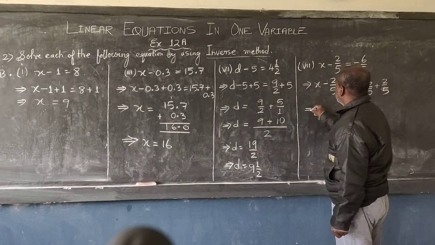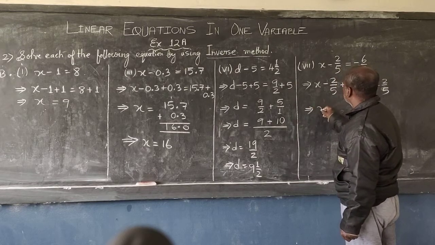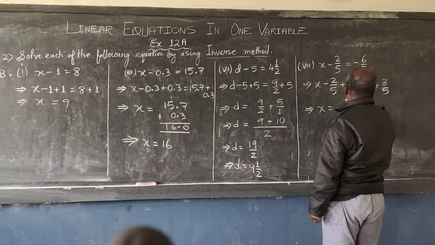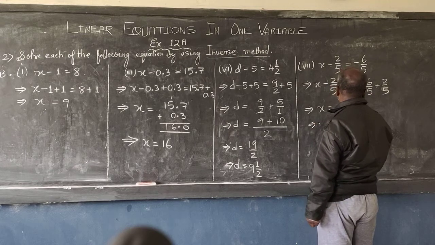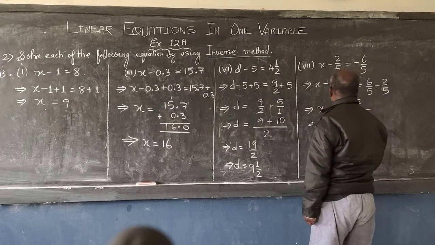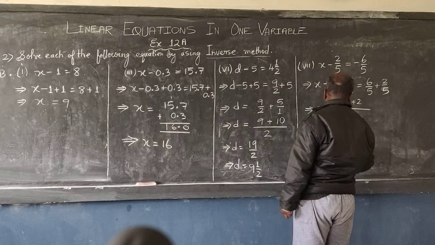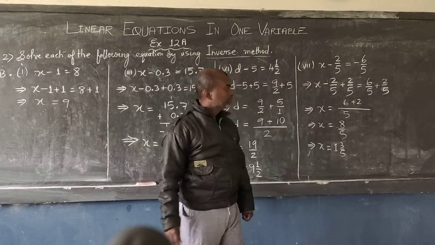Now minus 2 by 5 and plus 2 by 5 cancel each other out. Only x will remain, and this side we need to solve. So the x value is 8 by 5, and to convert that into a mixed fraction, it will be 1 3 by 5.